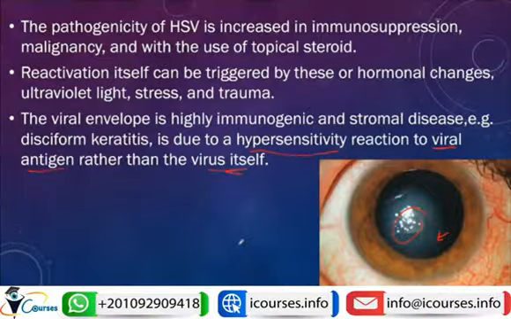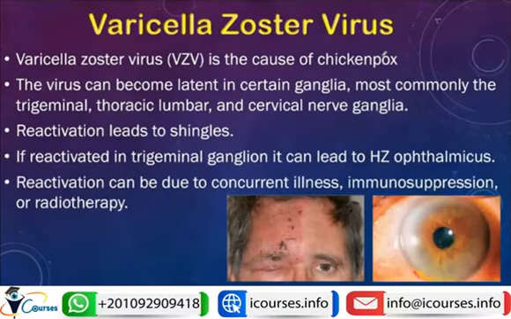Another virus from the herpes family is called the varicella zoster virus. The primary infection of the varicella zoster virus is called chickenpox. Chickenpox is a disease characterized by a rash flying over the body, so it doesn't have a specific distribution.